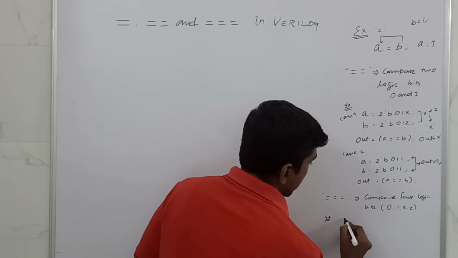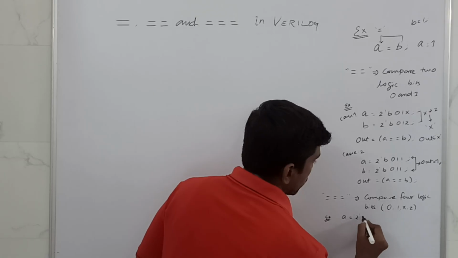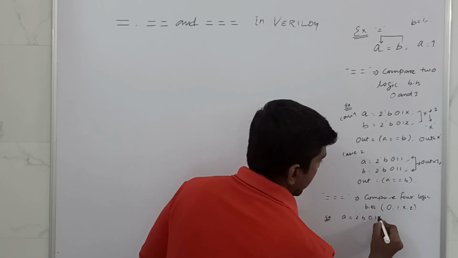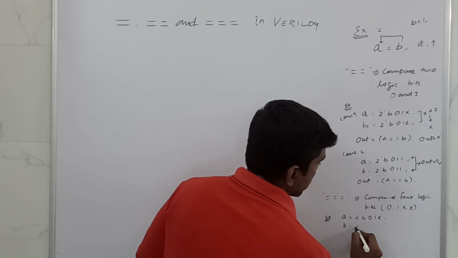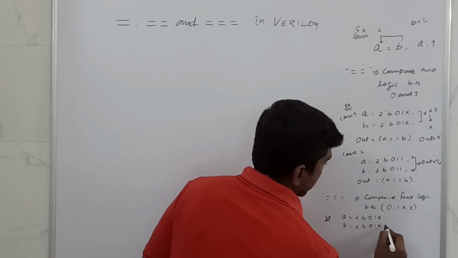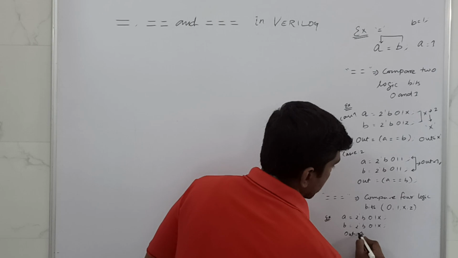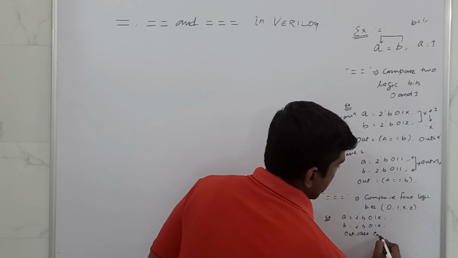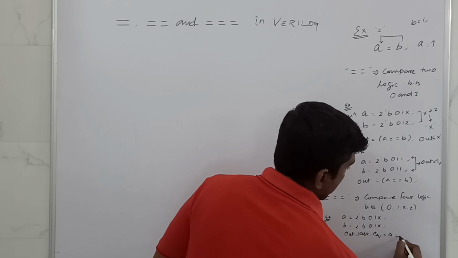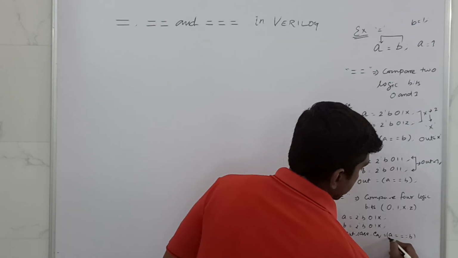Example: A = 2'b01x, B = 2'b01x. Out case equality = A === B.